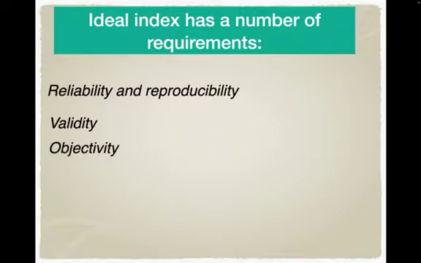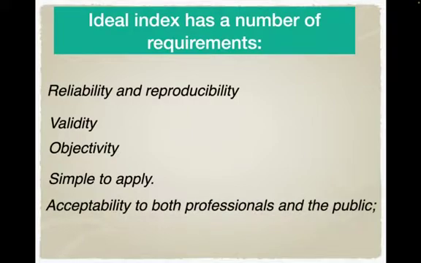It should be objective, not subjective, in the method of assessment. It should be simple to apply. You don't need an index that takes you hours to apply, or half an hour in a busy clinic. And it should definitely be acceptable to the patients, the public and the professionals.